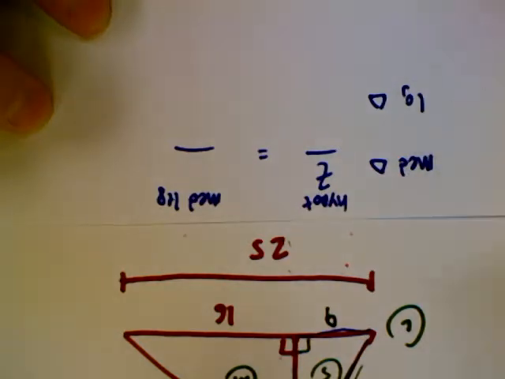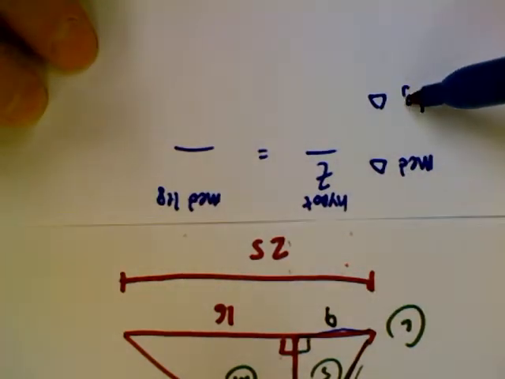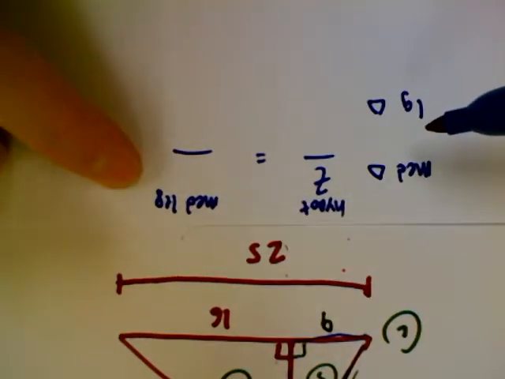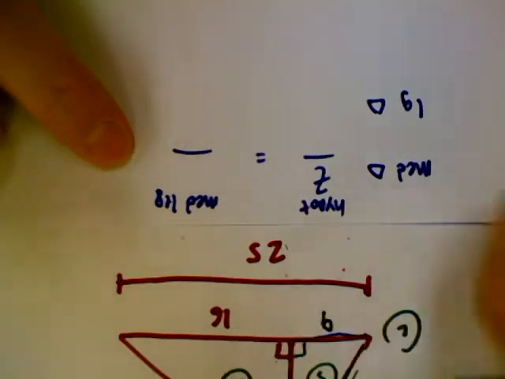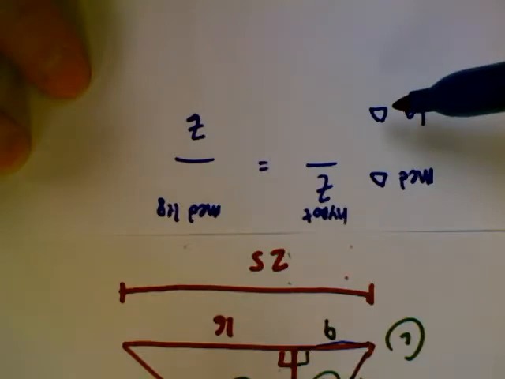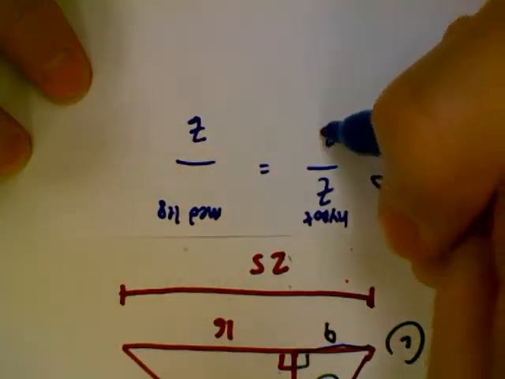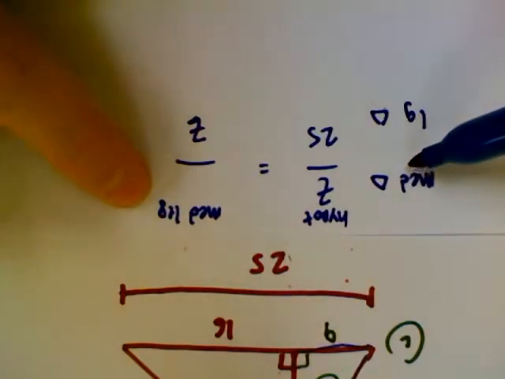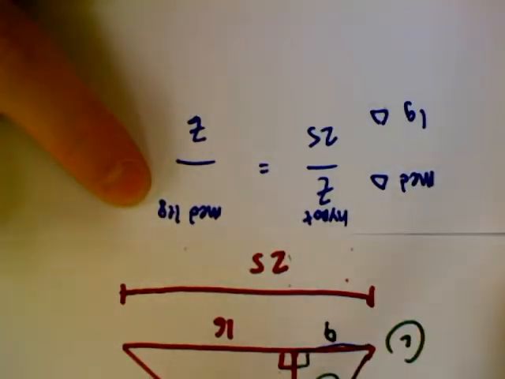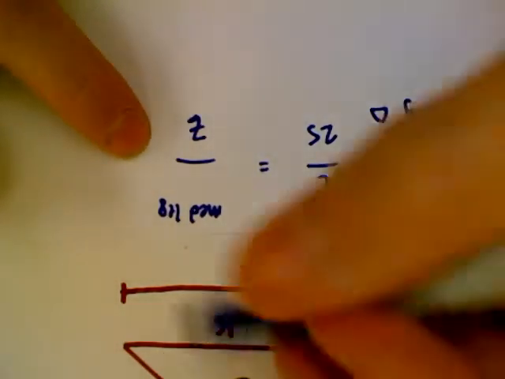You can't mix it or it's not going to work right. So I've got the large triangle here, and the medium leg on the large triangle is z again. That's why I set it up this way. Now the large triangle's hypotenuse is 25. And the medium triangle's medium leg is 16.